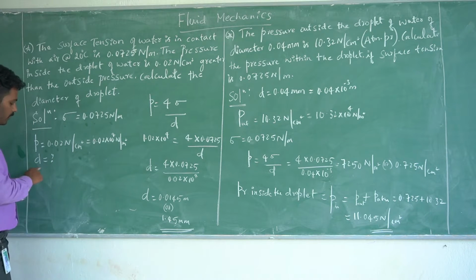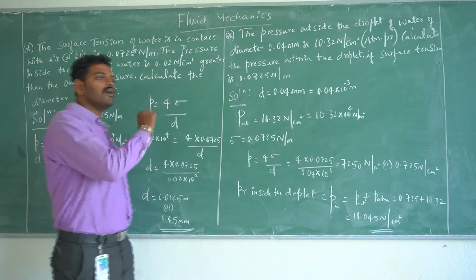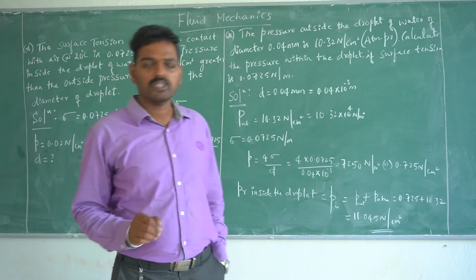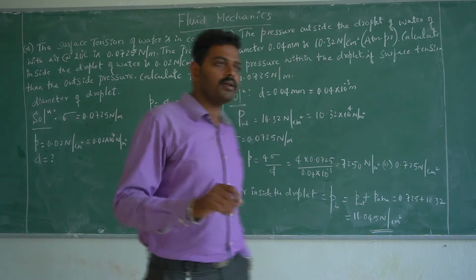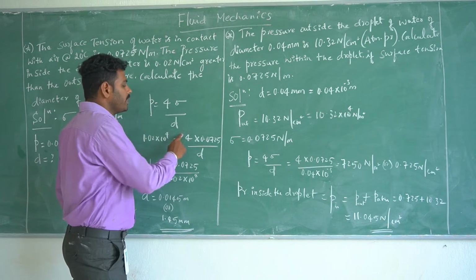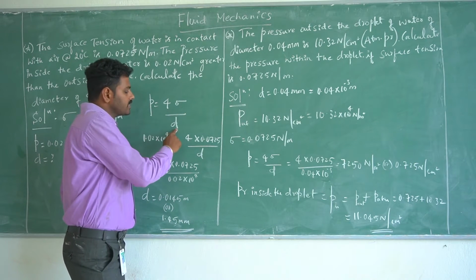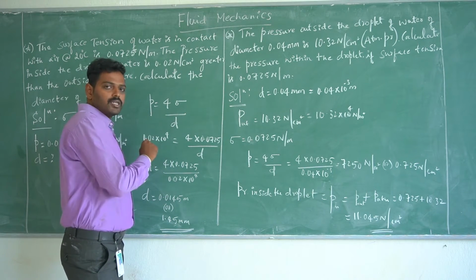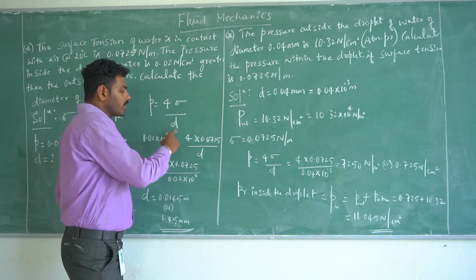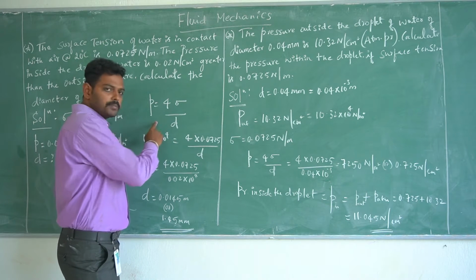Then we have to find the diameter. We know the equation from the first condition of surface tension for a water droplet: P is equal to 4 sigma by D. Sigma represents surface tension, D is the diameter and P is the pressure inside the water droplet. Now do the substitution.